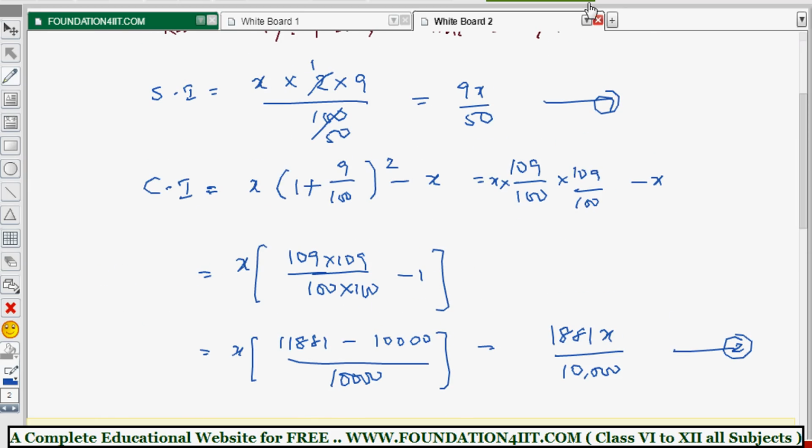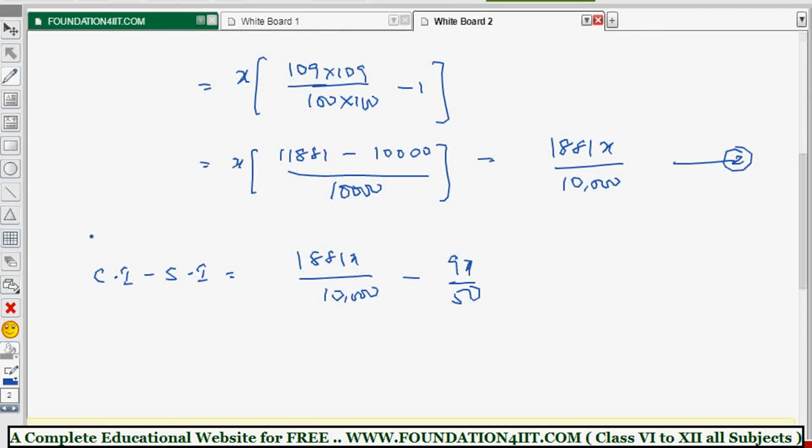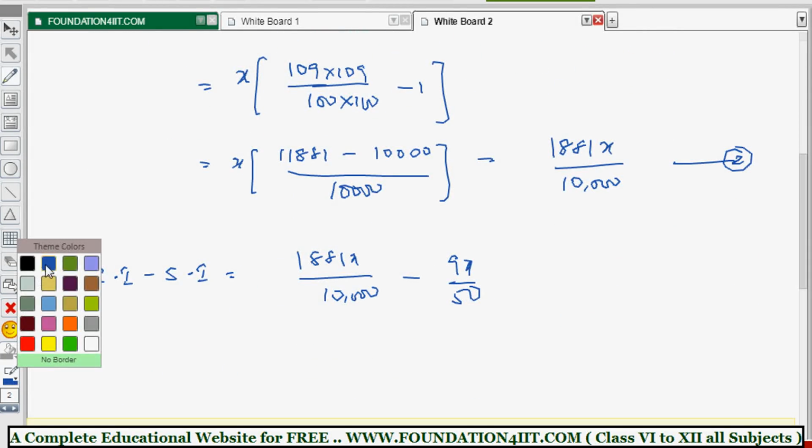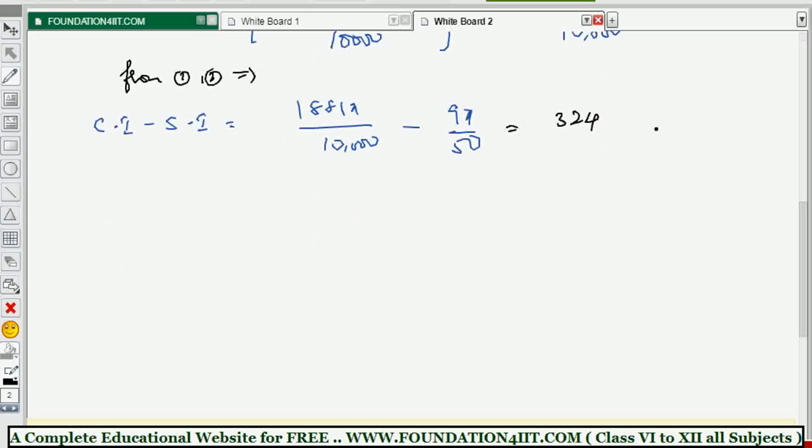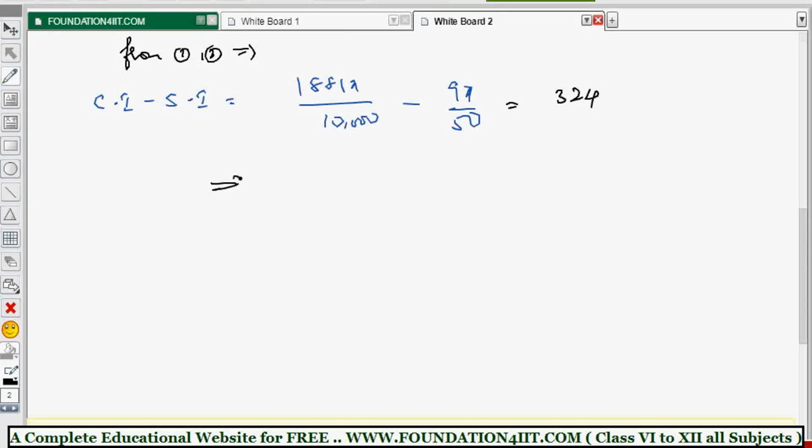You can observe, equation 1 is 9x by 50, that is simple interest. Therefore, this statement is from equation 1 and 2. And this value is given. So the difference between simple interest and compound interest is given as 324. Just simplify this, from these both you need to simplify.